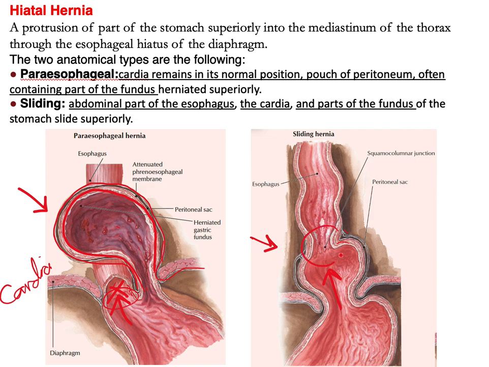So the abdominal part of the esophagus, the cardia, and of course part of the fundus, all of these structures slide up into the thorax. In this case, the cardiac orifice is not in its place. This is the location of the cardiac orifice. This is the zigzag line. That means it's not functioning very well.